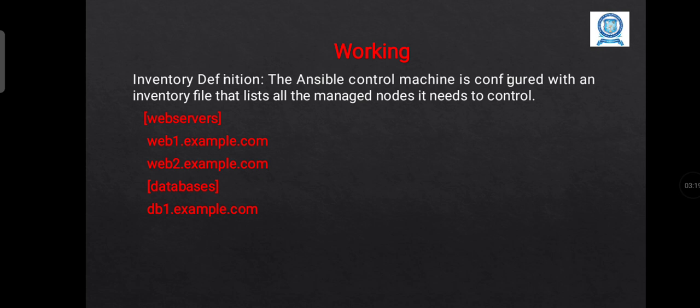For example, those maintaining the databases, those that will act as web servers, etc. And along with the group name, the host names of the remote servers have to be listed out. Otherwise, the database names, their IP addresses or host names have to be listed out in the particular groups.